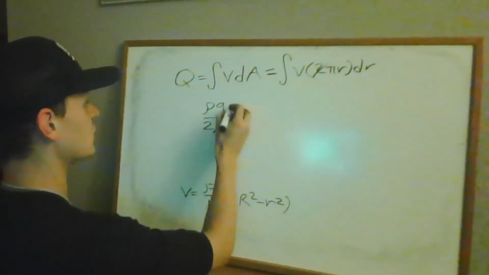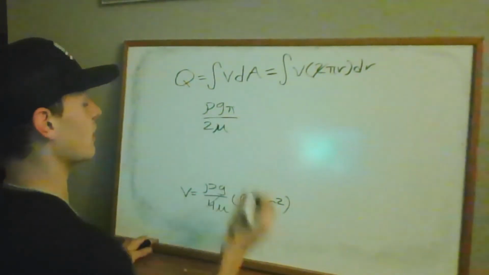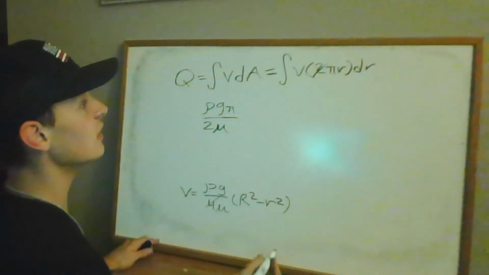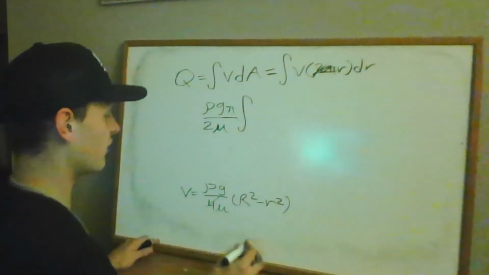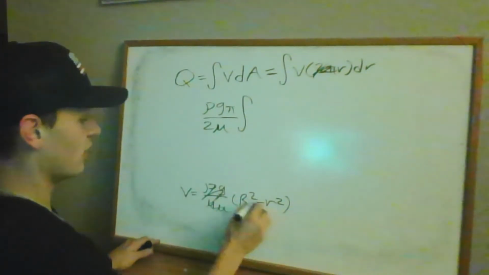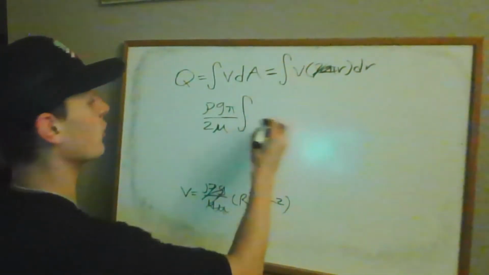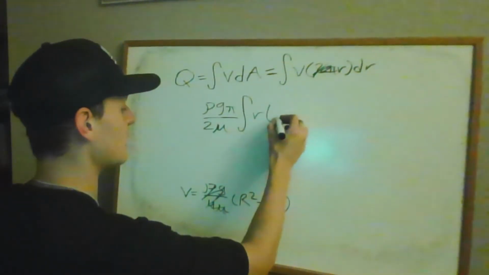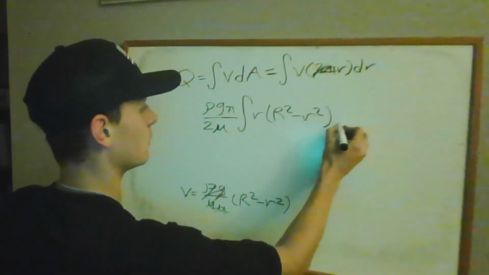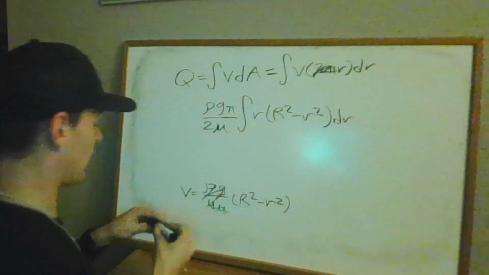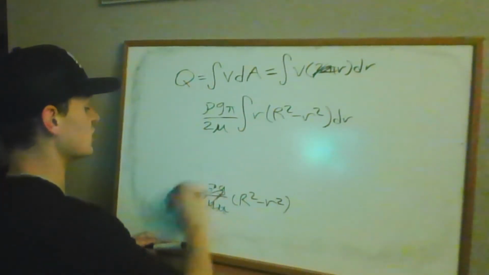And make sure you don't forget the pi. What's left is r squared minus r squared multiplied by r, inside here, and then we are integrating with respect to the differential change in r.